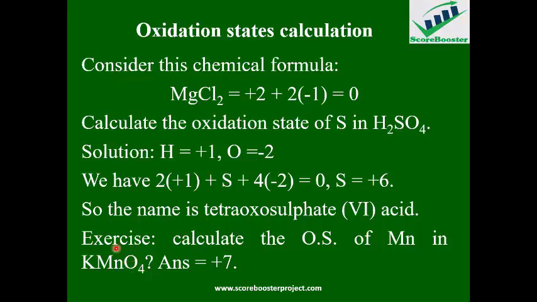The Mn is the one you don't know. You multiply -2 by 4, that is -8. -8 plus 1 is -7. If you put -7 to the other side of the equation, because everything must be equal to 0, you have +7. That is why this compound is called tetraoxomanganate(VII). That 7 comes from the oxidation state of manganese.